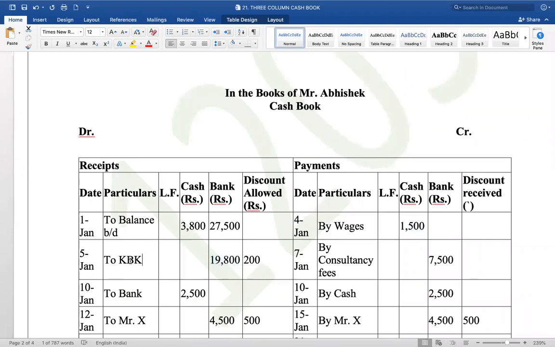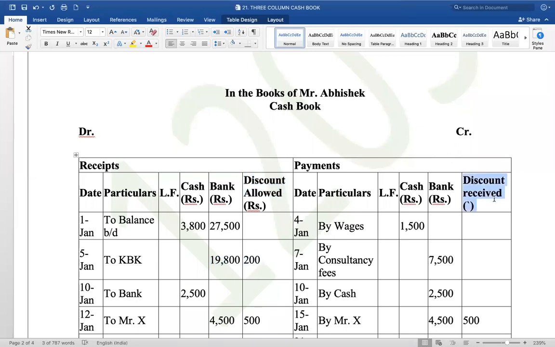Who is giving that? KBK Enterprises. Actually, he has to pay you 20,000. But because he's a prompt payer, you have given a discount of 200. This is a discount you are giving, so that's called discount allowed. If you are receiving, that's discount received.